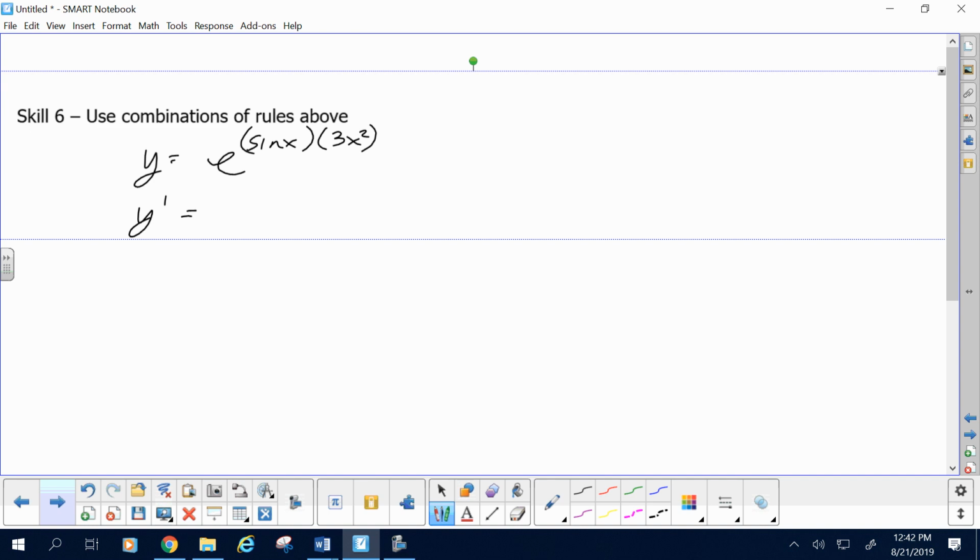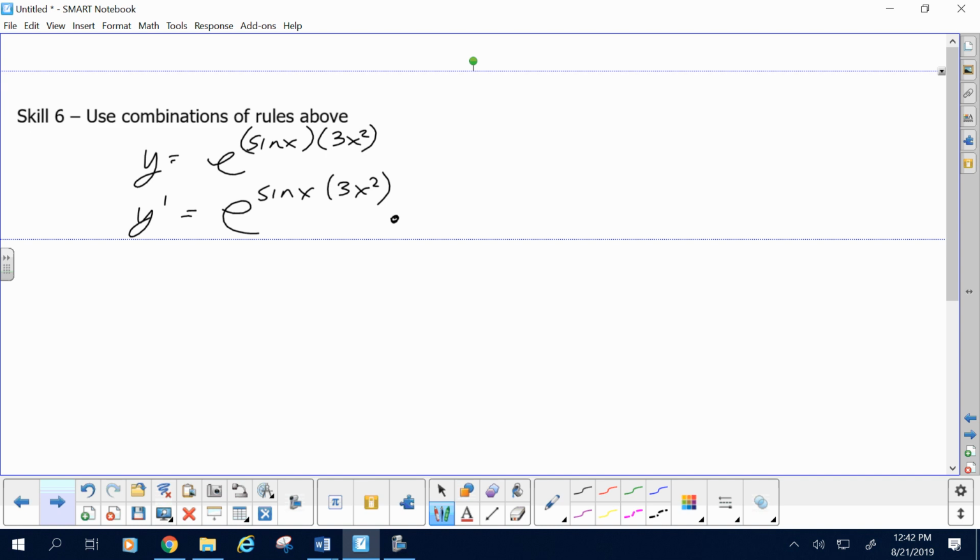All right. So what's first, the chain rule part or the product rule? Chain rule. So the derivative of the outside is the derivative of e, which is the same, with the inside the same. That's the first part of the chain rule.